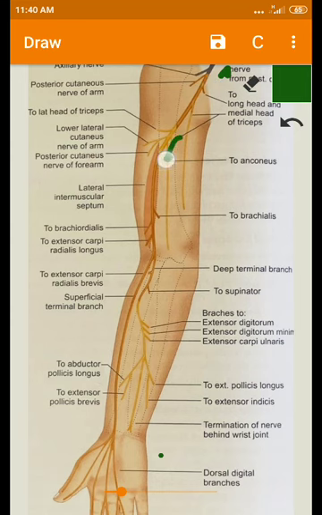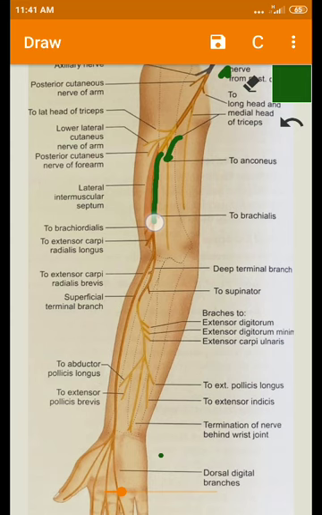After passing through the spiral groove, it re-enters into the lower and lateral part of the anterior compartment of the arm by piercing the lateral intermuscular septum along with the anterior terminal branch of the profunda brachii artery. It then descends. So here it is piercing and it is descending down.